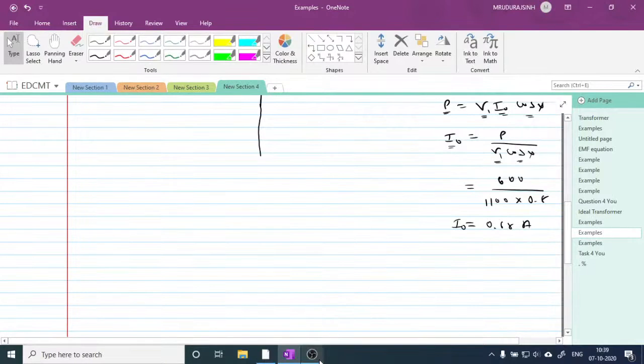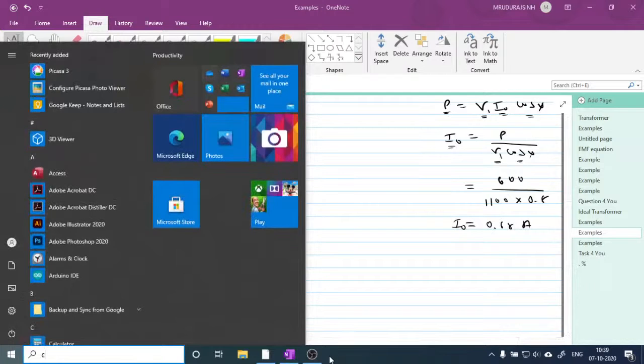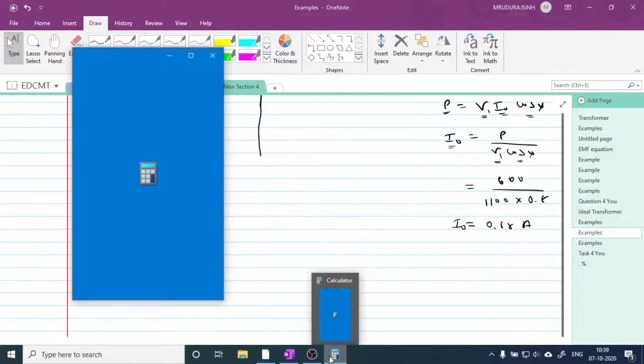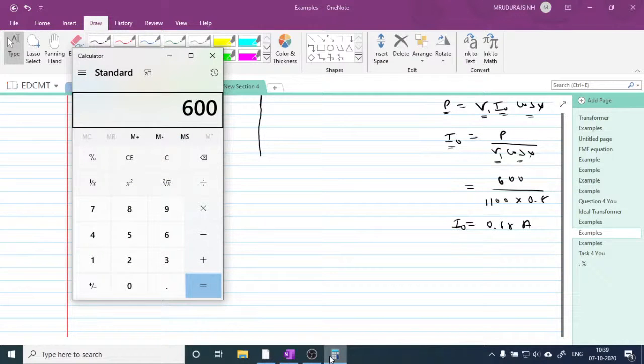So, calculator: power is 600 watt, divided by 1100, divided by 0.8 power factor, so it's 0.68.